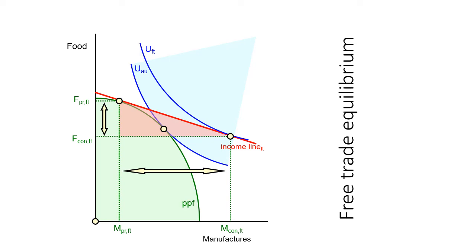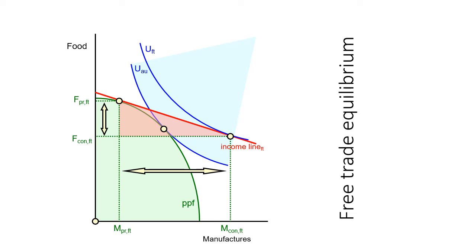We're producing on the leftward point on the green line, and we're consuming on the only dot that exists on the upper blue line. The difference there in terms of our food production and our food consumption will determine our exports and imports, and the difference in terms of our manufacturing production and our manufacturing consumption will determine our imports and exports.